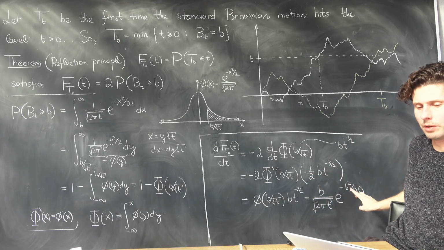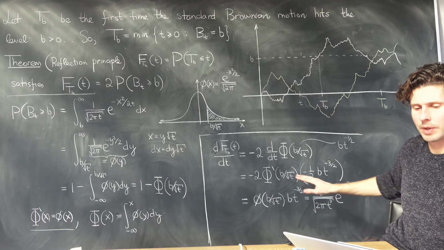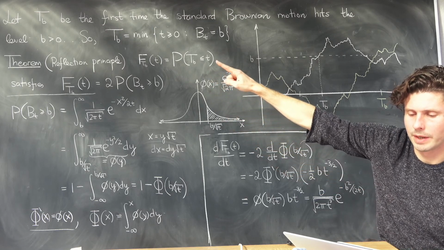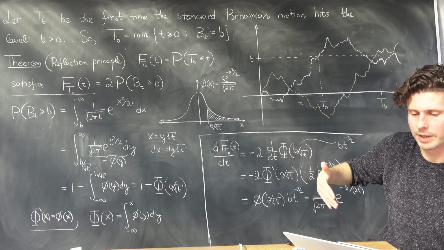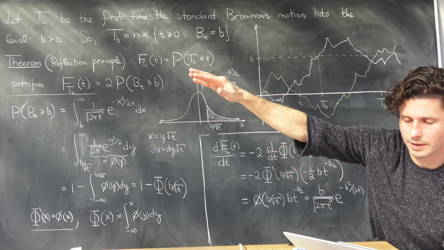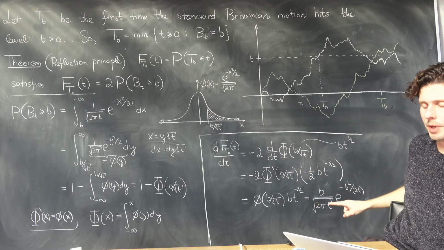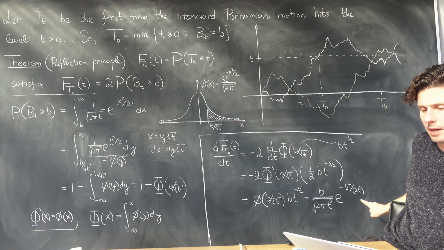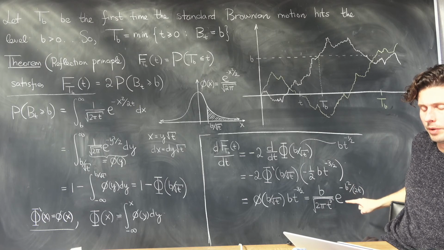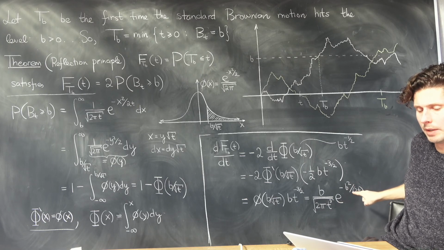So again, there are 2 variables, b and t, but in this setting we're really thinking of t as the free variable. It's the variable that's defining this CDF as a function. And so b is something that you think of as fixed, and this density has a number of different dependencies on t.